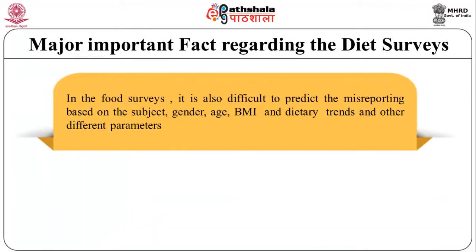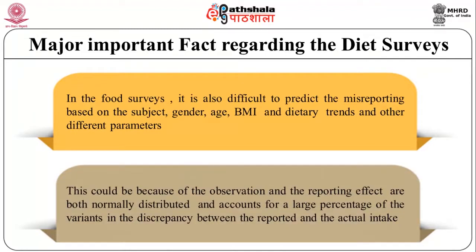In food surveys, it is also difficult to predict the misreporting based on the subject's gender, age, BMI, dietary restraints, and other different parameters. This could be because the observation and reporting effects are both normally distributed and account for a large percentage of the variance in the discrepancy between the reported and the actual intake.